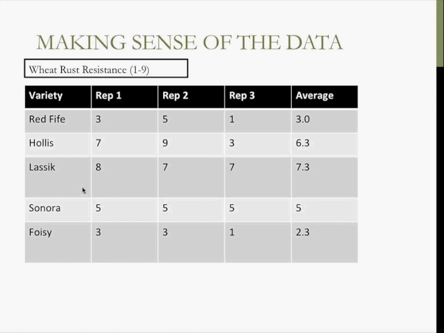There's often a balancing act between being able to see the overall picture and then being able to look at the details to get answers to some of your questions. So going all the way back to your trial goals, it's always good to reflect on what those goals are when you're starting to analyze your data, to get a sense of how much you need to go into what specific traits.